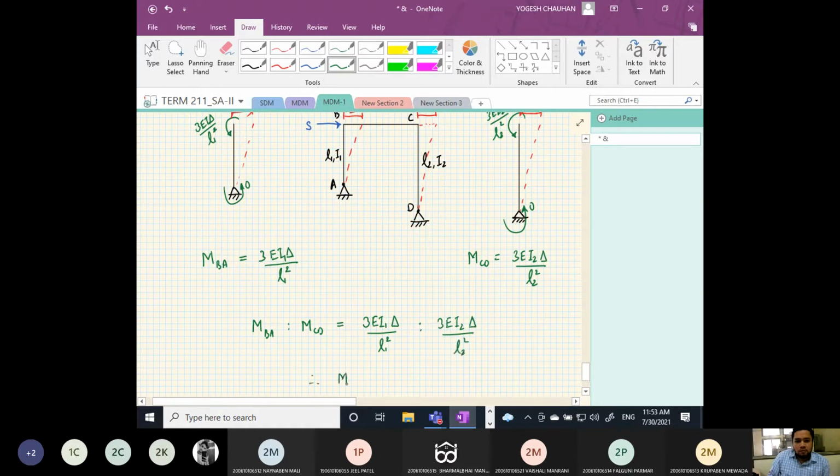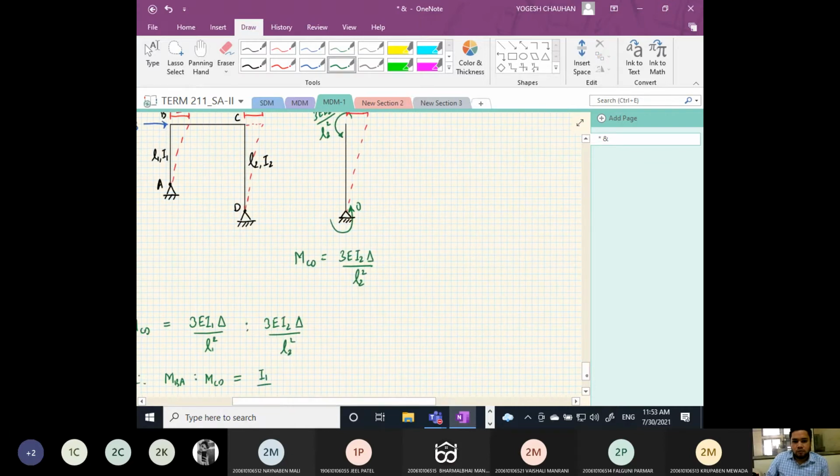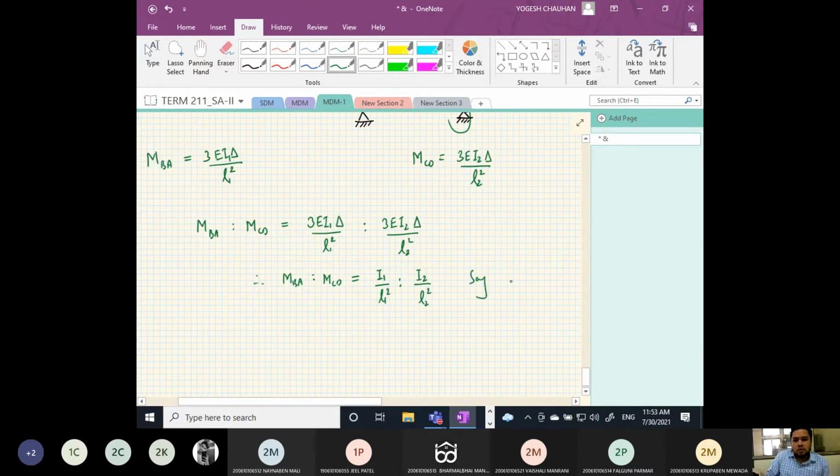So we can say MBA is proportional to MCD, which is in the ratio of I1 by L1 square is to I2 by L2 square. Say for example, this be M is to N.